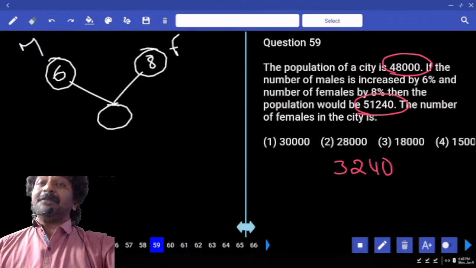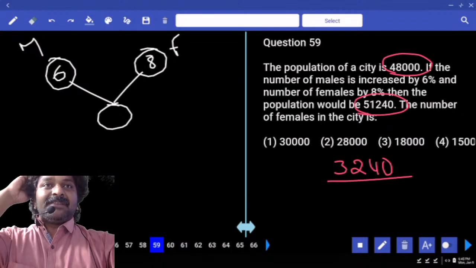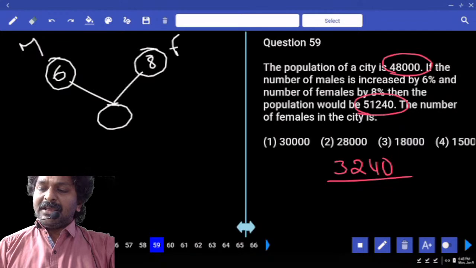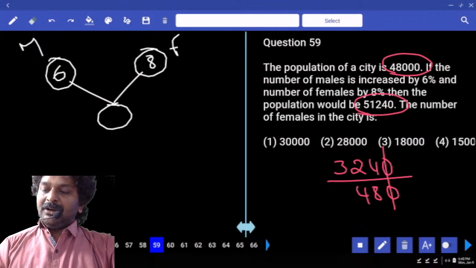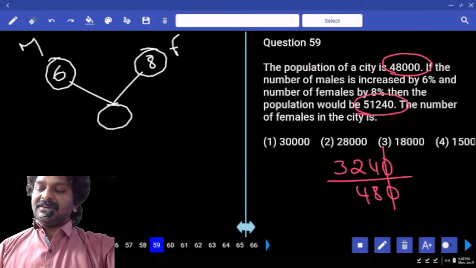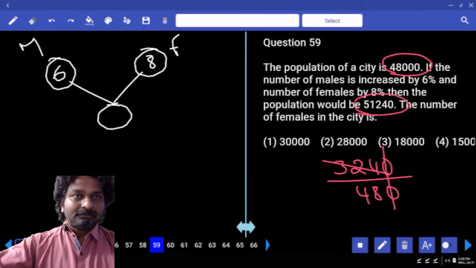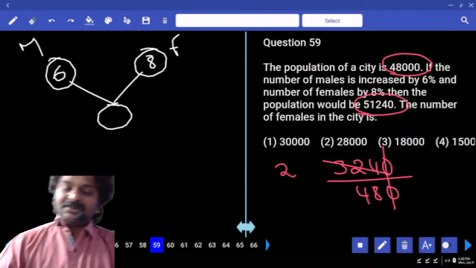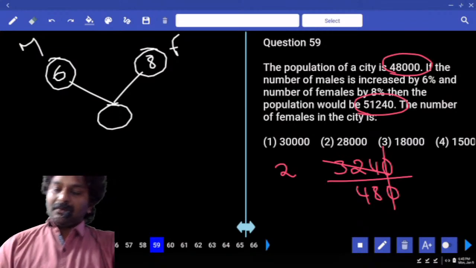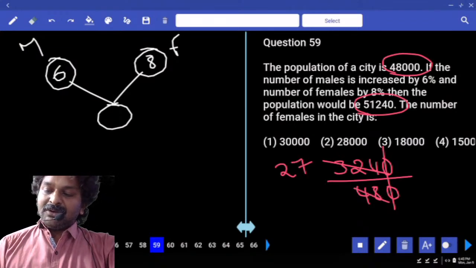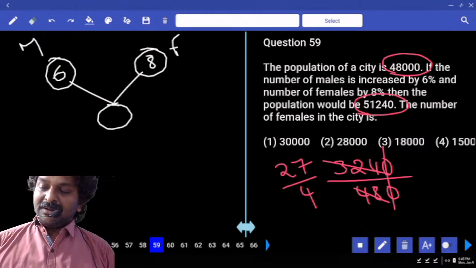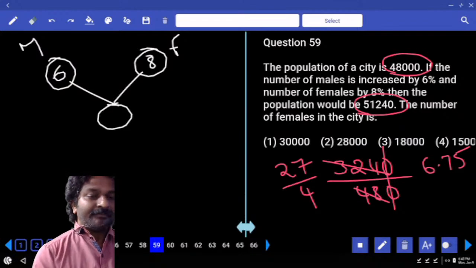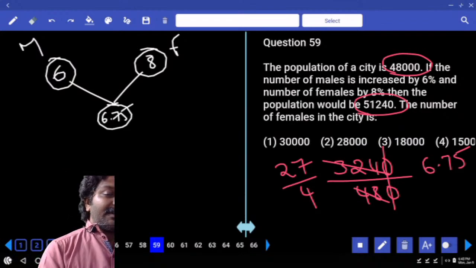That should be converted to percentage, where 1% of the total population is 480, right? 480, zeros cancel. 12 cancellation with 12 possible. 12 2 times 24, 84, 7 times 12, 4 times. 27/4 in the sense 6.75 only. That is 6.75.